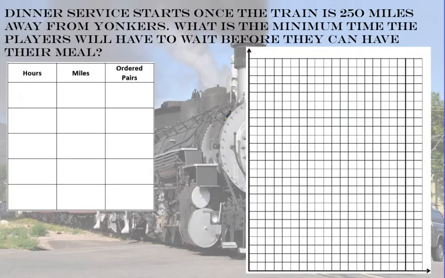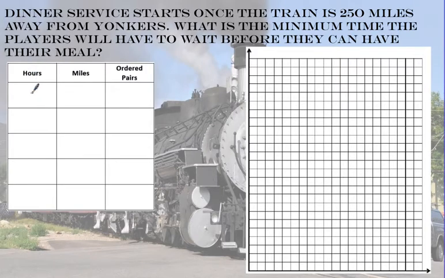Okay, so now that we've done that, all those things that we just did, we've done in the past. So we should be fairly good at them at this point. Now we're going to take that and extend it to the coordinate plane. For right now, we're working with a coordinate plane that only has positive values. Okay, so up and to the right are all positive values. And we're going to fill out our table here without the ordered pairs.